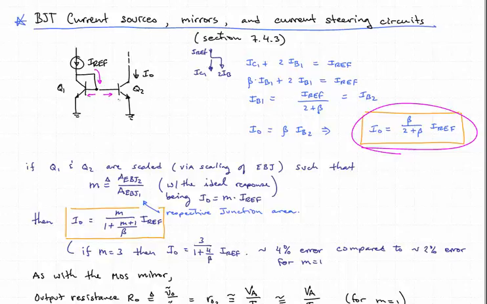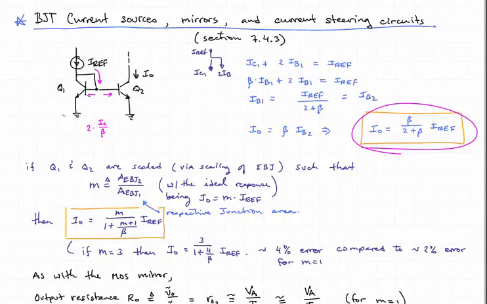And the amount of current that is lost, if you will, from IREF is going to be 2 times, because it's 2 paths, IC over beta. So that amount of current will actually be taken from IREF.